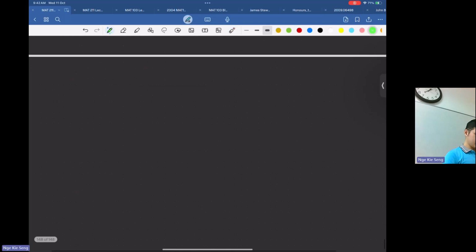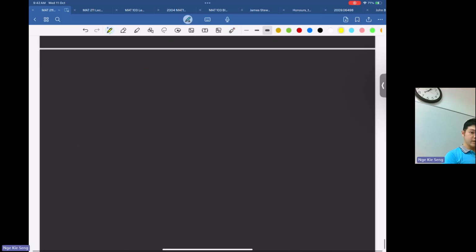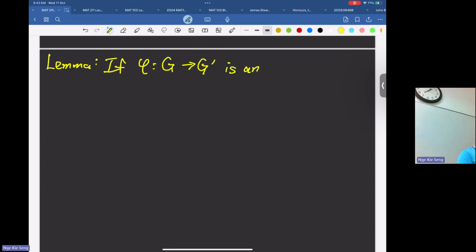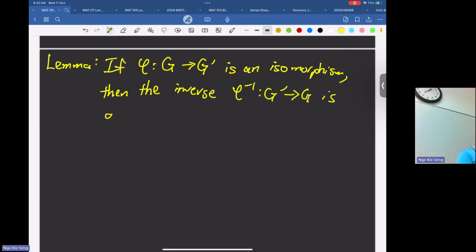Okay, so let's continue. There's a lemma. If phi from G to G prime is an isomorphism, then the inverse phi inverse from G prime to G is also an isomorphism.